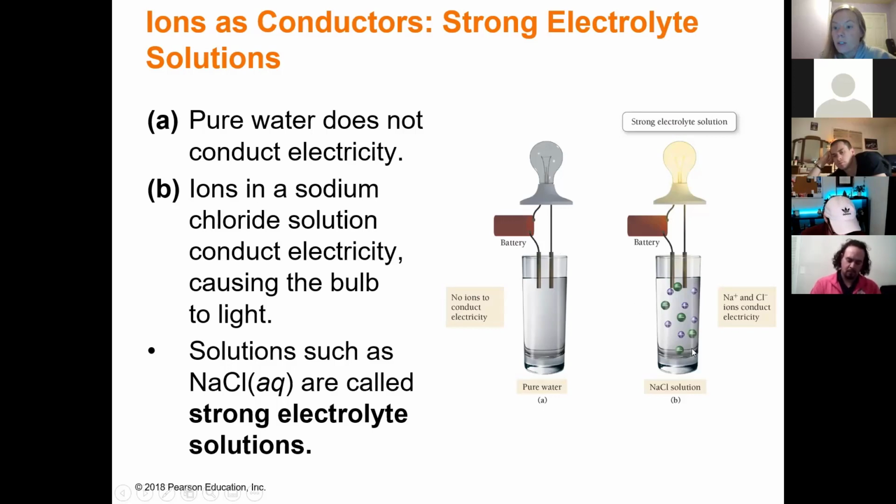If I have a strong electrolyte solution, these electrolyte or charged particles can actually carry the current of the electricity through. So if I have a battery, I can complete the circuit with electrolyte water and the light bulb will light up nice and bright. You cannot electrocute yourself with a hairdryer in a tub of pure water, but you can do it in a tub of salt water. You would need the dissolved ions to transmit the electricity.